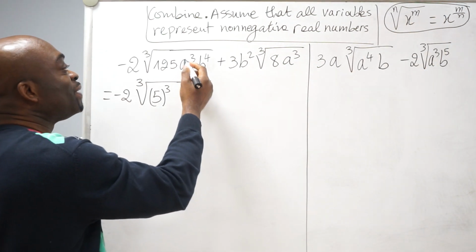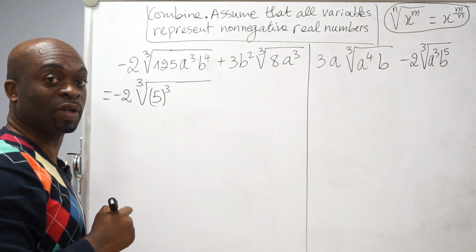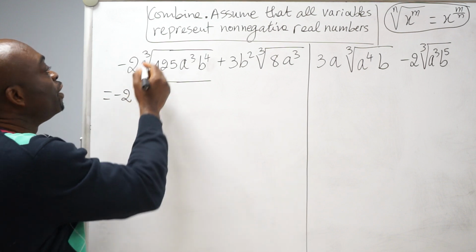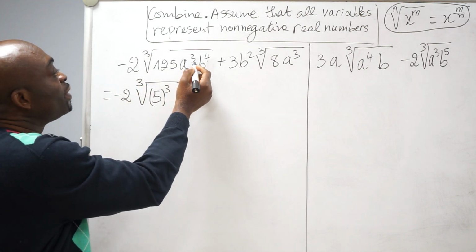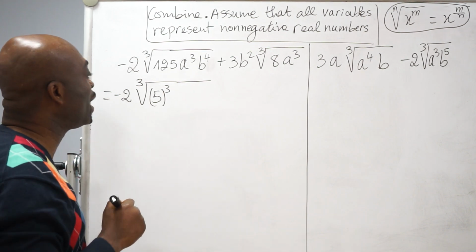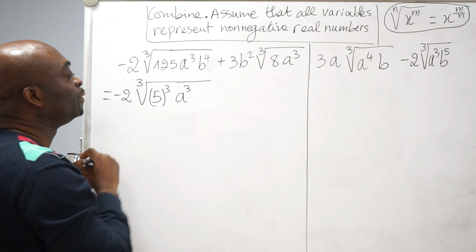So this is the same thing as a to the third power over 3, okay? 3 divided by 3 gives you 1. But at this point, we keep it in here for now, okay?